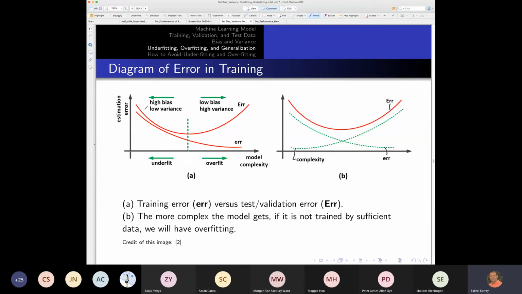So let's look at the diagram in training. Okay, so this is training error and test validation error. When we are building a model, usually we use training and we use validation. The training model usually is the system that provides us with the several stages for the weight update.